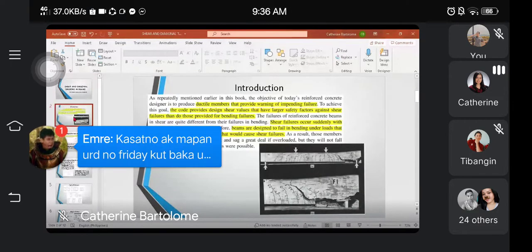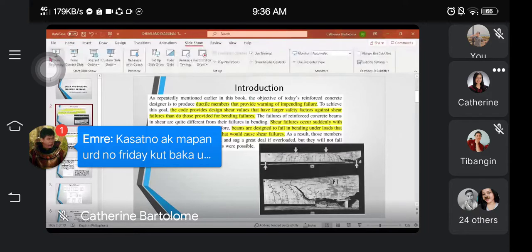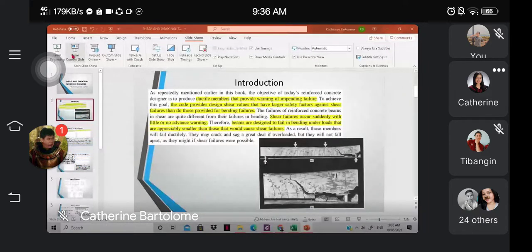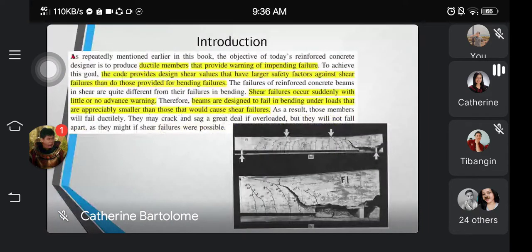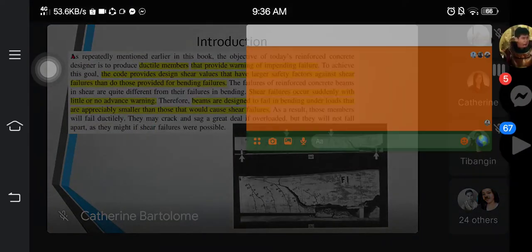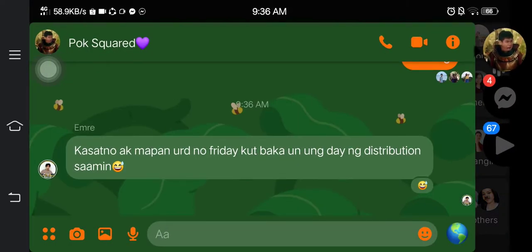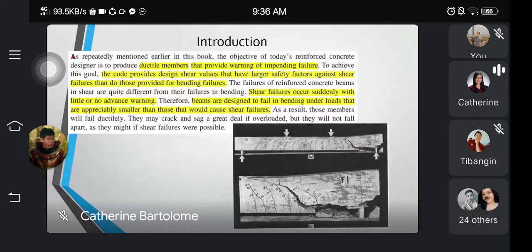So for introduction for shear, as I stated earlier, designers must produce ductile members that provide warning for impending failures. To achieve that, the code provides design shear values that have larger safety factors against shear failures than those provided for bending failures.